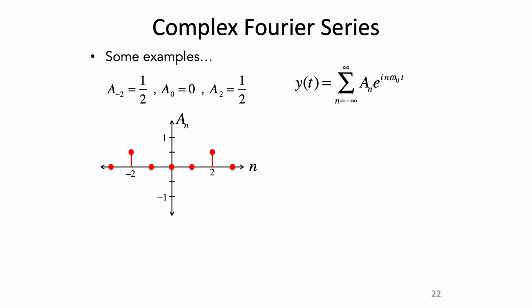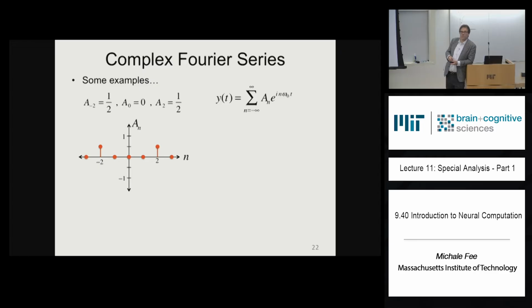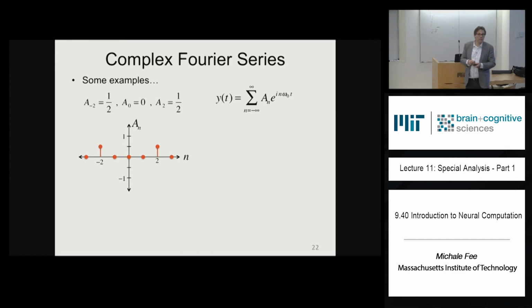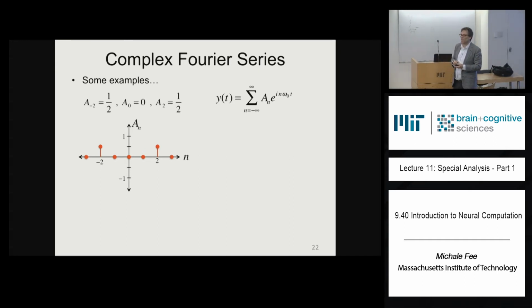Okay. Here's another function. What function do you think that is in time? What would be the time domain equivalent of this set of Fourier coefficients? Good. So we're going to do the same thing. Just write it out.